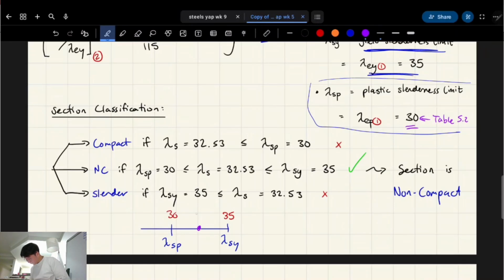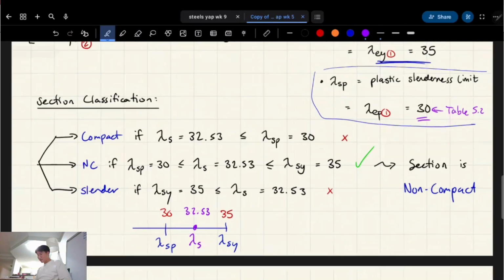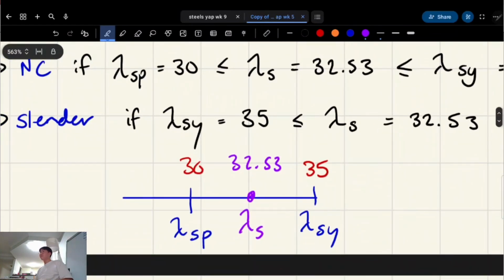So our value that we got for the section slenderness is 32.53, right? Yep, which is in between. It's in between. So if it's in between these values, it's non-compact.